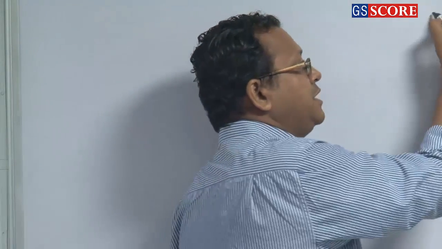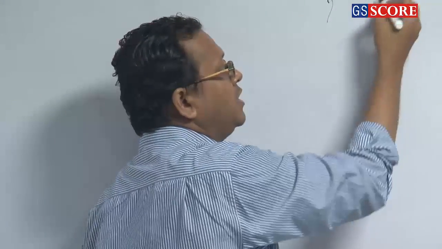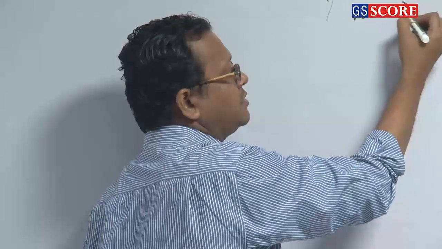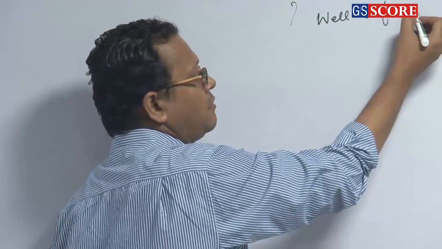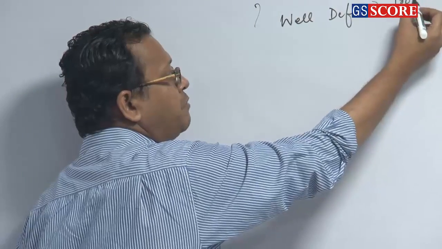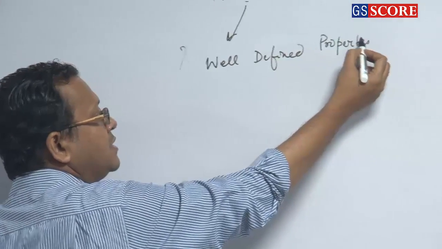Group of objects, collection of objects is known as a set. Okay, that much is not enough. A set means a collection of objects having well defined properties.